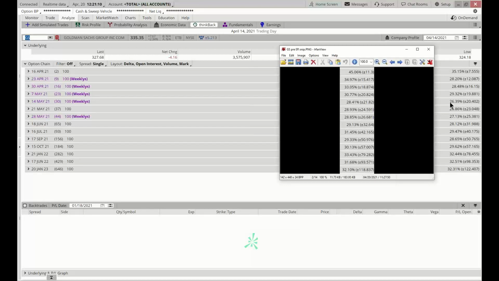This is important to note. Granted, the IV crush in those further dated options is not as dramatic, not as large a number as the front week, from 45 down to 35, 10 points.